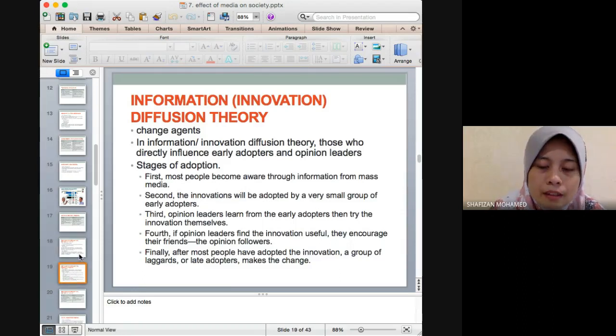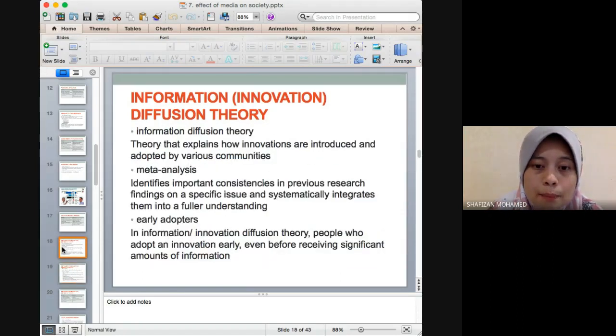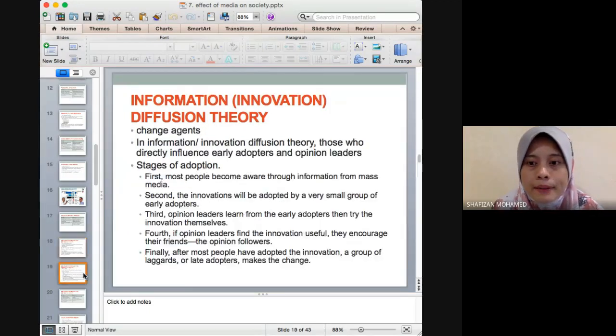But after they adopt, usually other people will follow. Nowadays you will see mothers, aunties, grandmothers, everybody's on TikTok. Those group of people, we call them late laggards or late adopters.